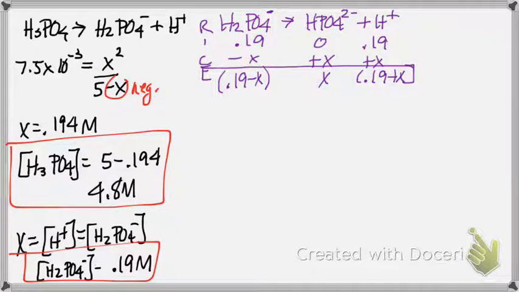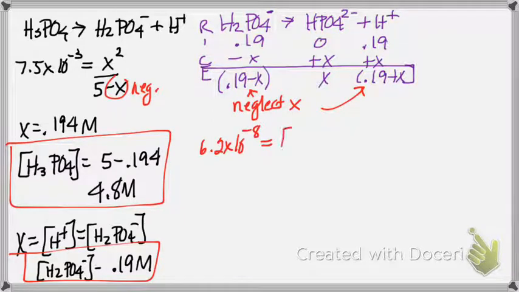Okay? We're going to assume again that we can neglect x to make our life easier. So we're going to neglect it here and here. Are y'all with me on that? Yes. Thank you. 6.2 times 10 to the negative 8, that's the Ka2 value, is equal to 0.19 times the HPO4 2 minus concentration, which we do not know right now.